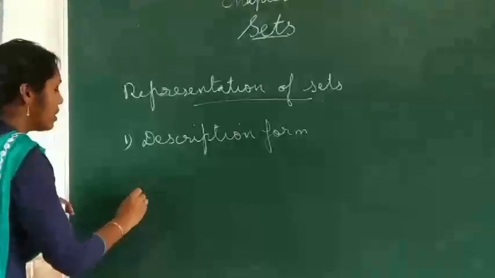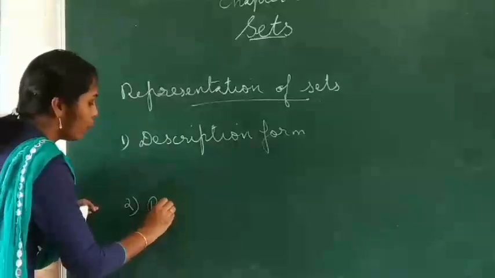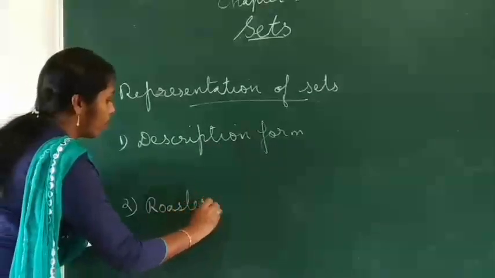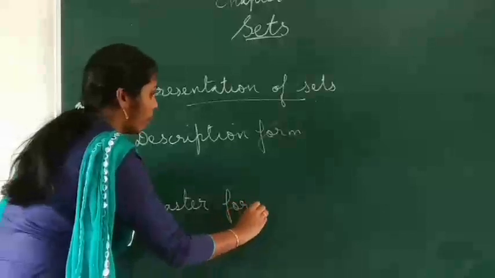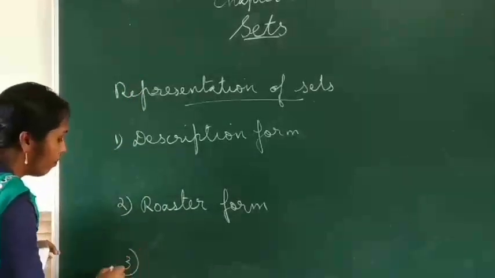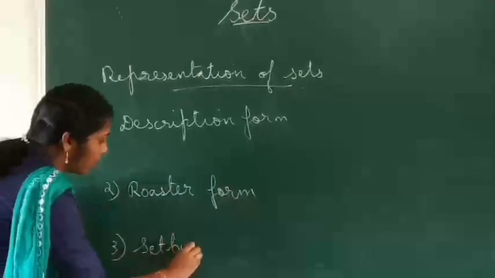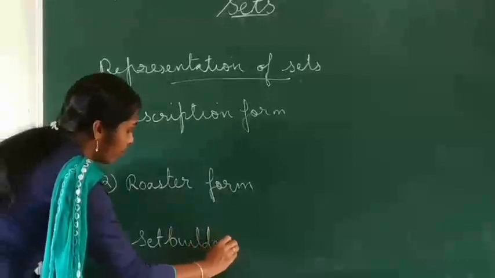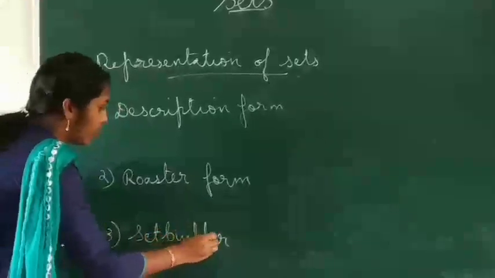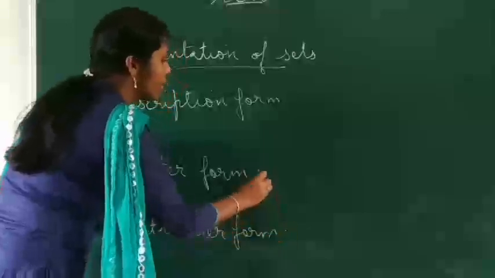Second is roster method or roster form. And the third is set builder form. In these three ways we can define sets.